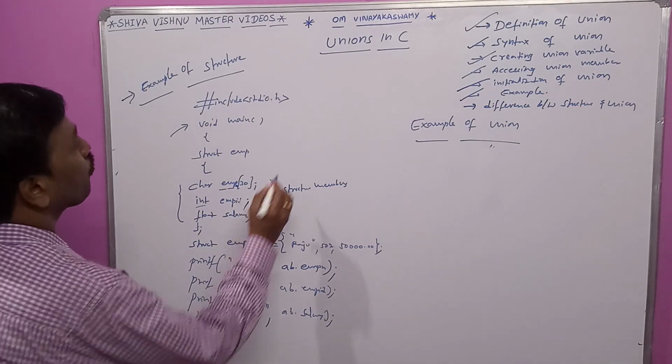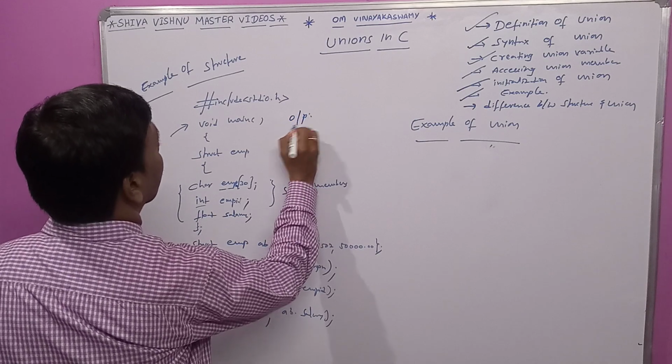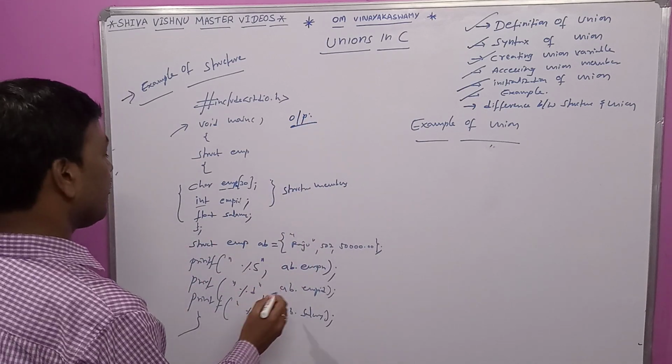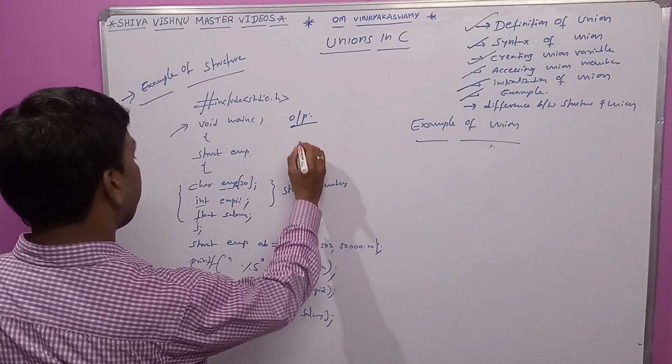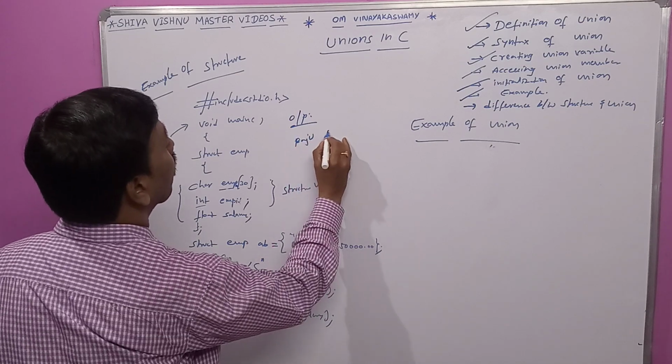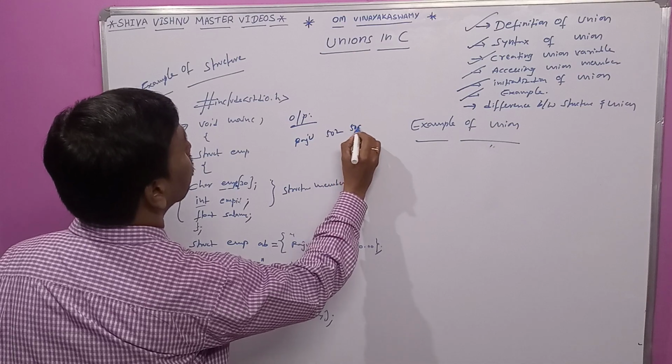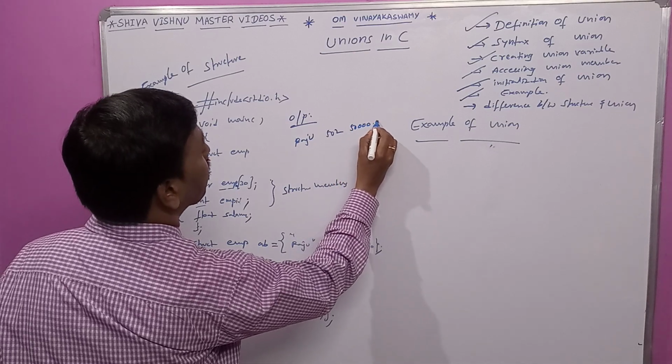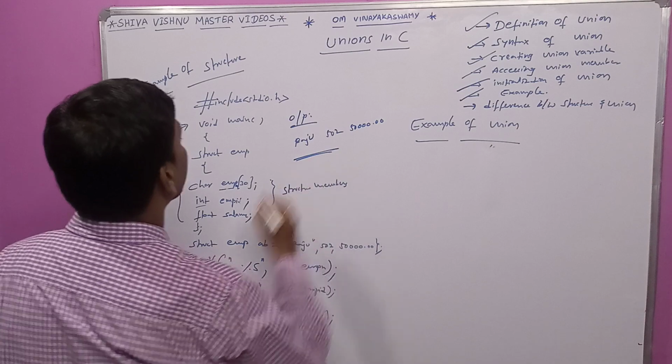Now you can see the output of this program: Raju, 502, salary 50,000. This is the answer.